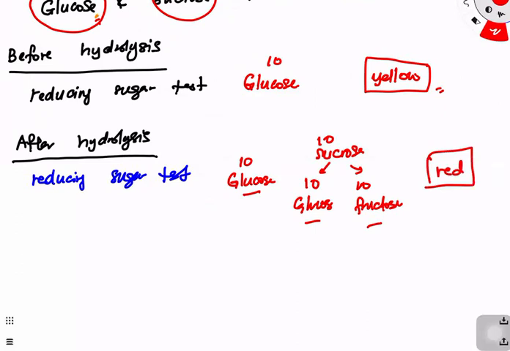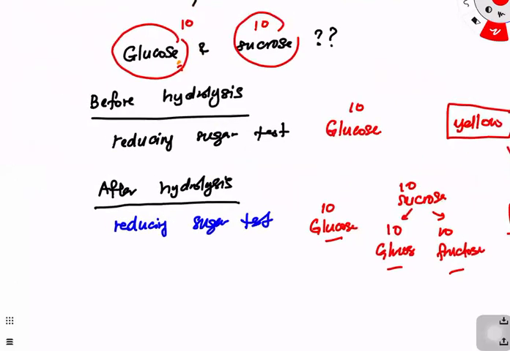If the Benedict reagent is not in excess, what will happen? You may get yellow, then the rest also yellow, because there is not enough Benedict reagent. Are you clear? In this case, you can see there is an increase in intensity, then I can conclude there is glucose and sucrose. If only glucose, the first time yellow, the second time also 10 molecules, so it also gives yellow.